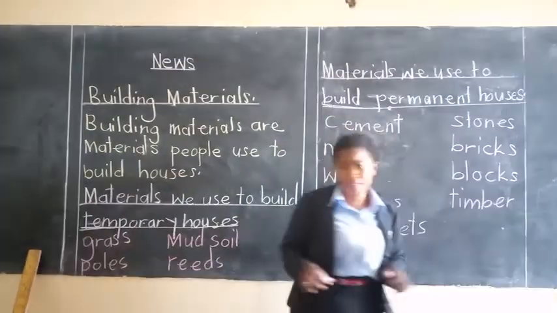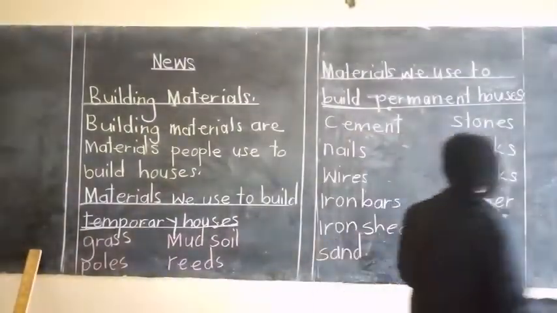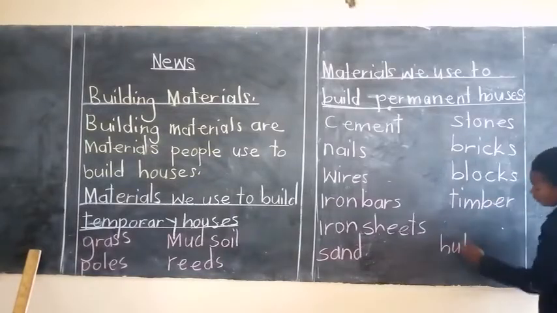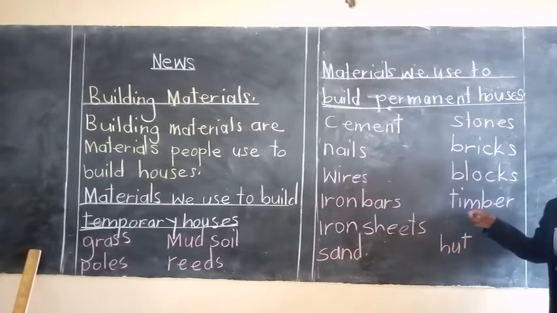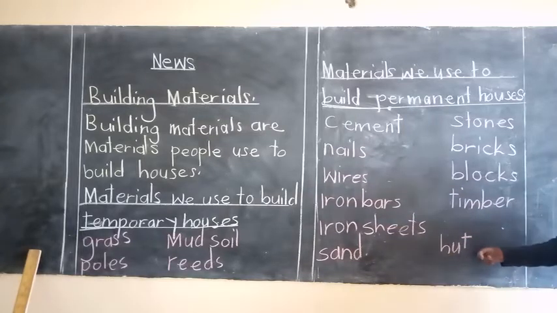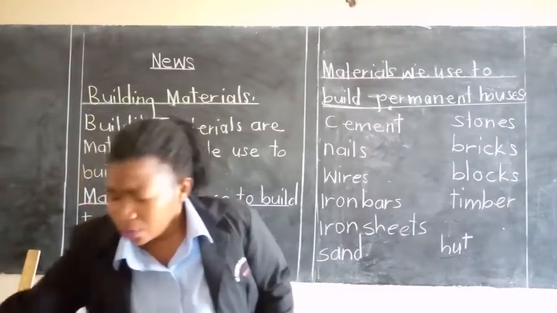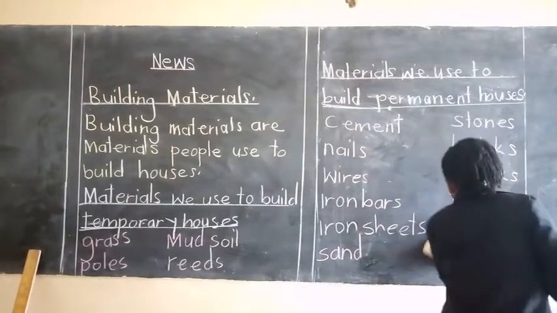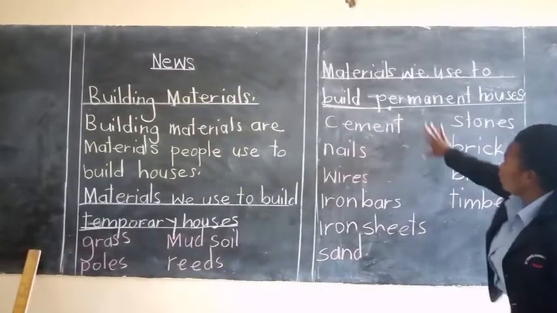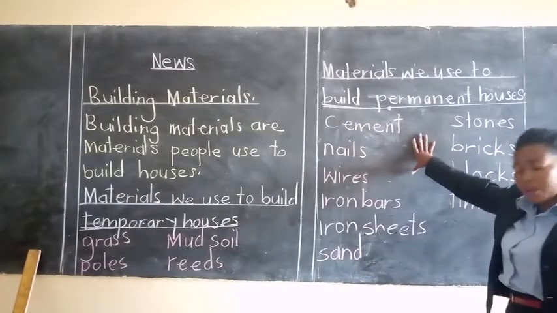You cannot get timber and put it on the hut, because these ones are very strong. When you put them on the hut, it will fall down because it is very heavy. So that's why people don't use it. I think those are some of the materials that we use to build permanent houses.